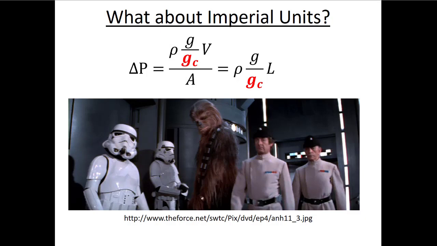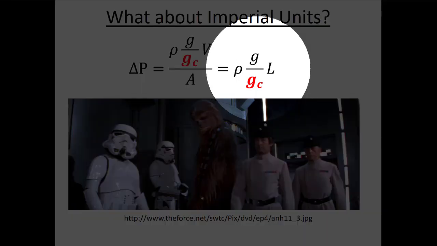So it's a little weird, and it comes from the idea that the imperial system is older, so you have pounds mass and pounds force, and they both seem like they're in the same unit, but they're measuring different things.